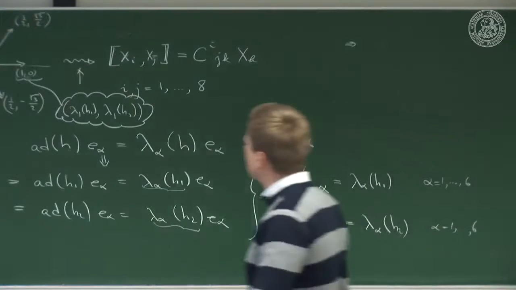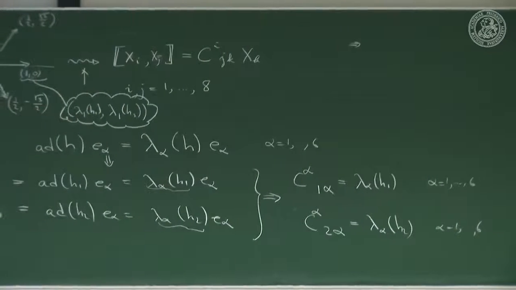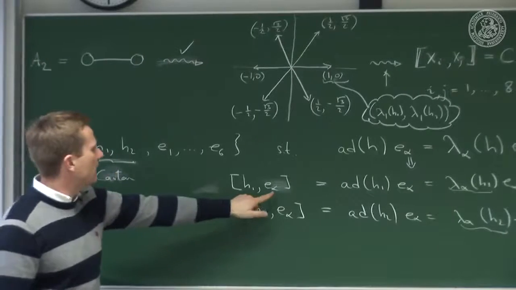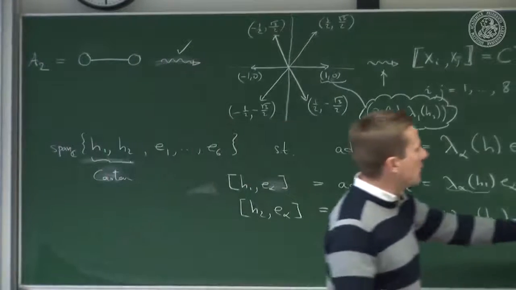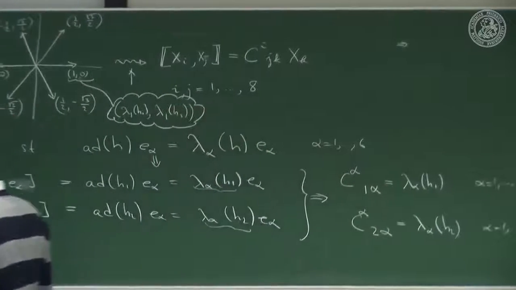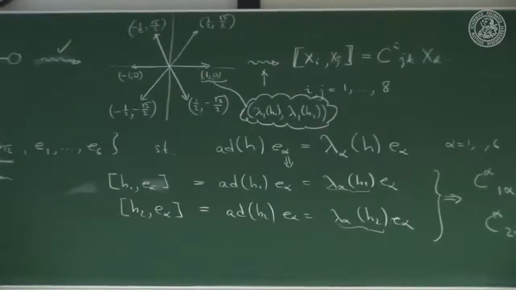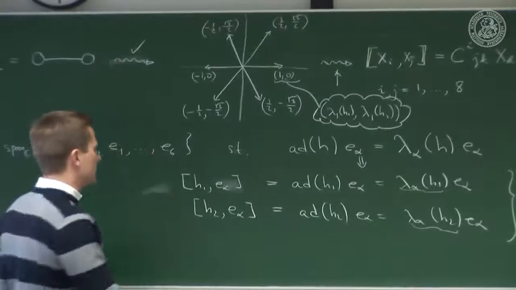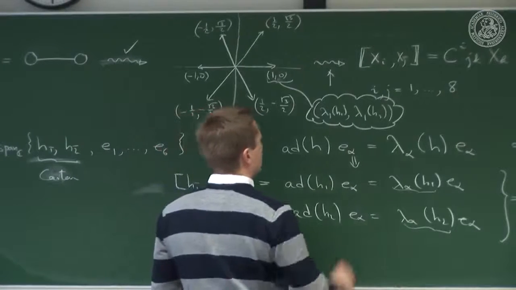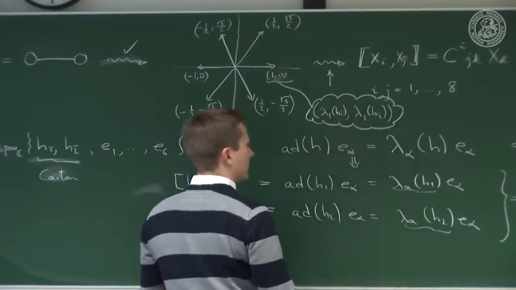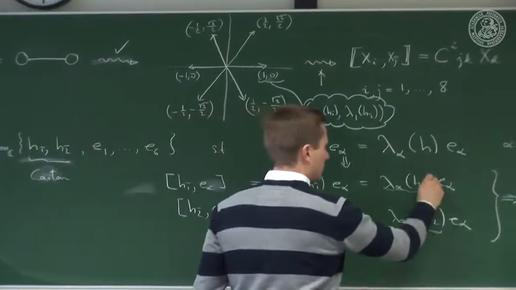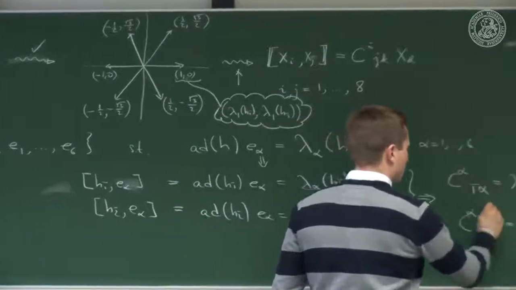So there's a potential danger. The potential danger is that I labeled this as 1, and that corresponds to the h1, and the alpha also runs from 1 to 6, so you could think that 1, 1 is 0, but that's not true. So we should call these guys 1 bar, 2 bar. These are other ones than these, otherwise we get into trouble with our index notation, but you see it's not so much of a bother. So we have a bar over here.